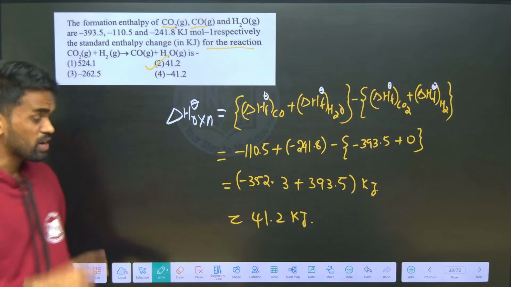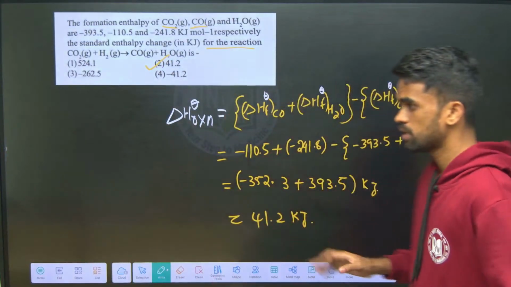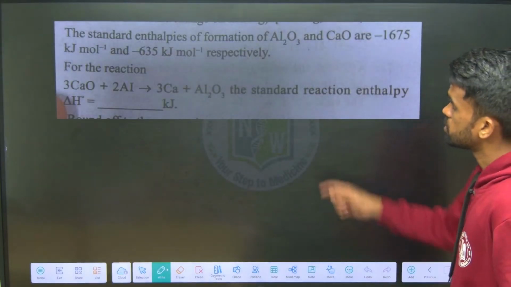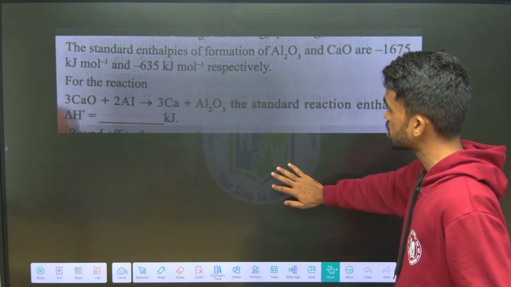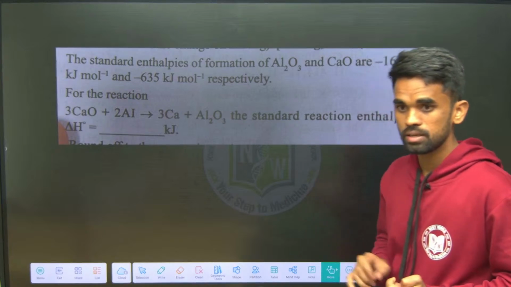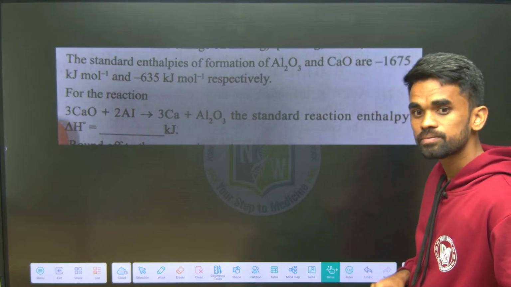That's it. Okay, one last question for you as homework. Try this question. This is a JEE Mains question, but I know you are able to do this. Write the question.